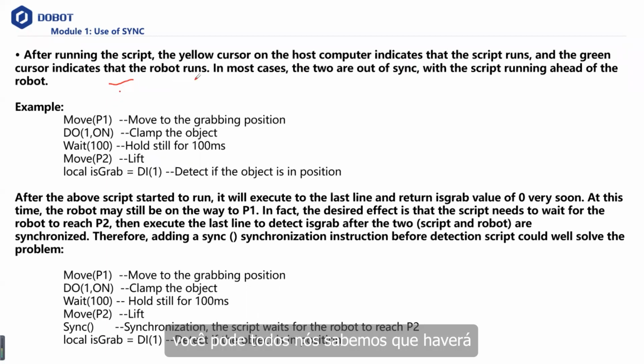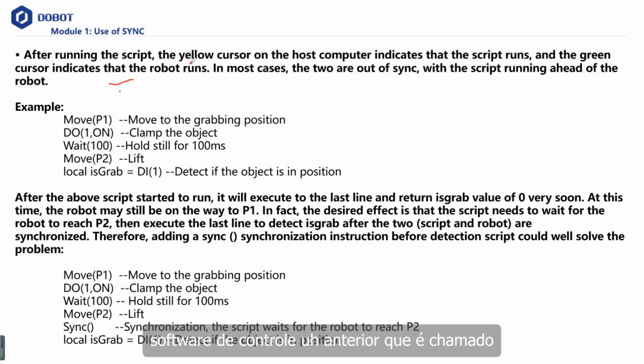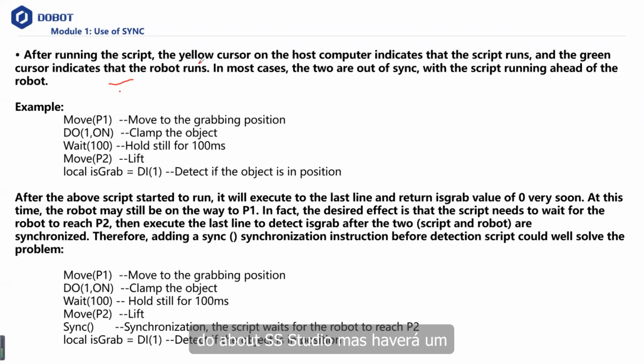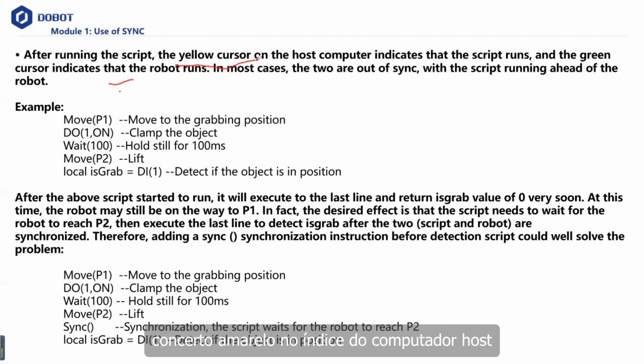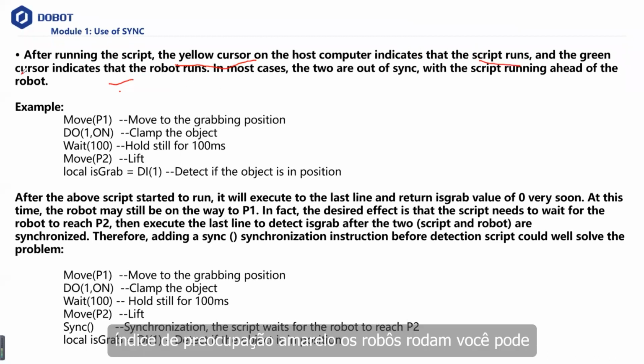We all know that there are two different progresses in your running program: the running of the scripts and the running of the robot. Most of the time, the running of the robot and the running of the scripts are not at the same time. In our previous controlling software, Dobot SS Studio, there is a yellow cursor on the host computer indicating the script runs, and another yellow cursor indicating the robot runs.